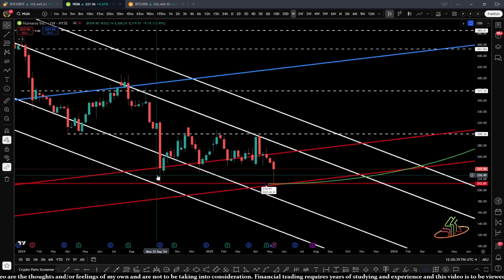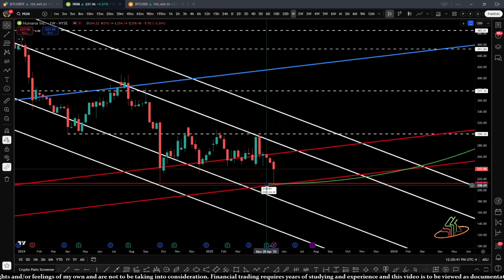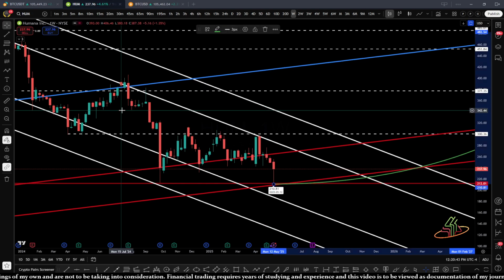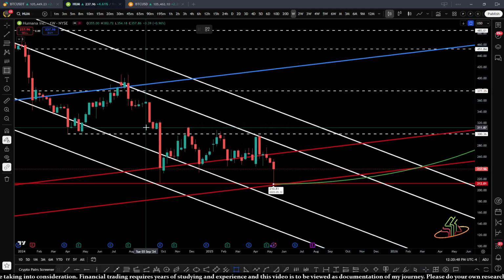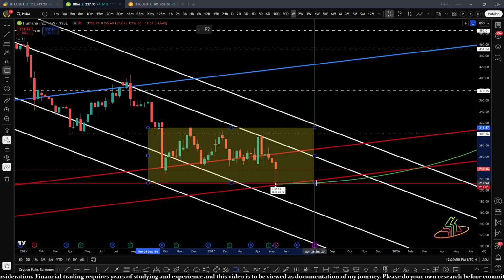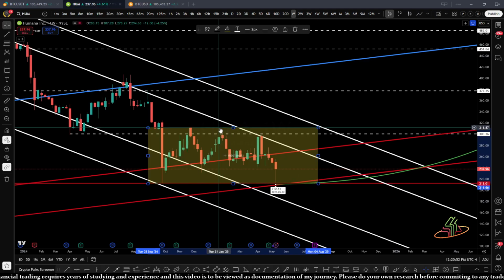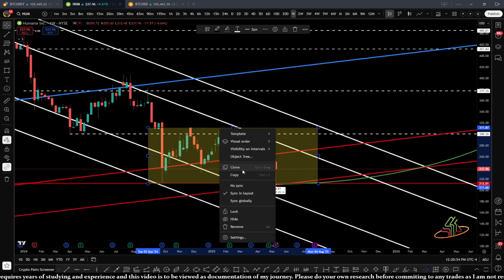Next thing we can do, after taking this, we know that we have a consolidation here. We can highlight that consolidation, and we can duplicate that to help give us a target.